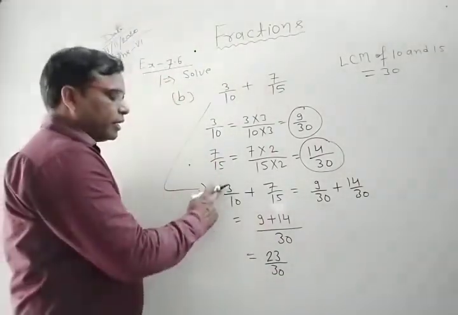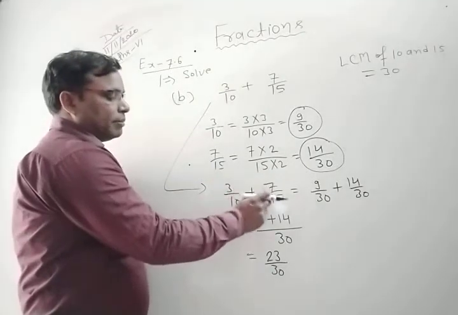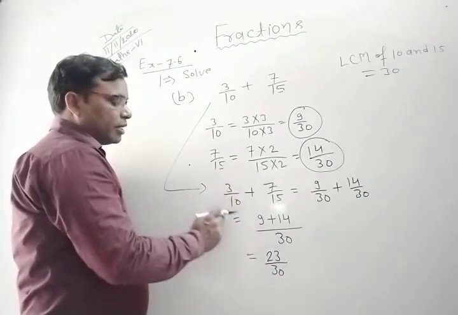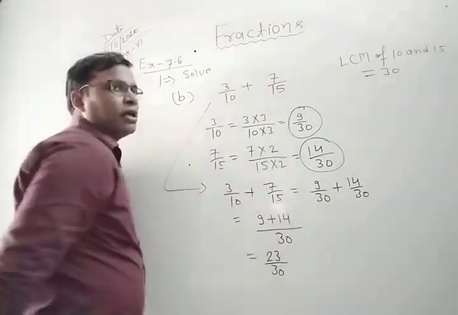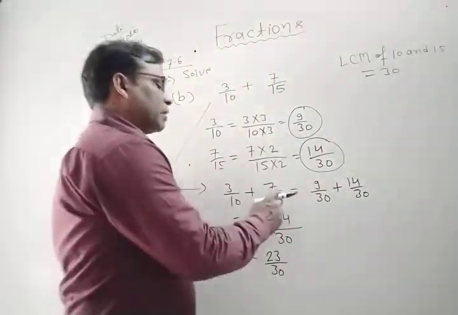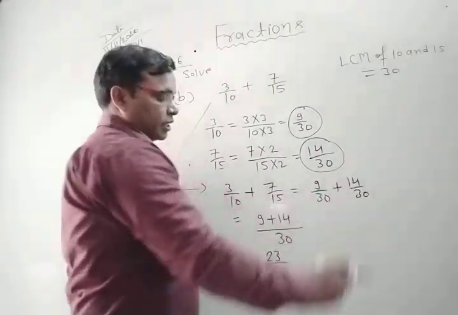So 3 by 10 plus 7 by 15. In place of 3 by 10, we can write 9 by 30, and 7 by 15 becomes 14 by 30.